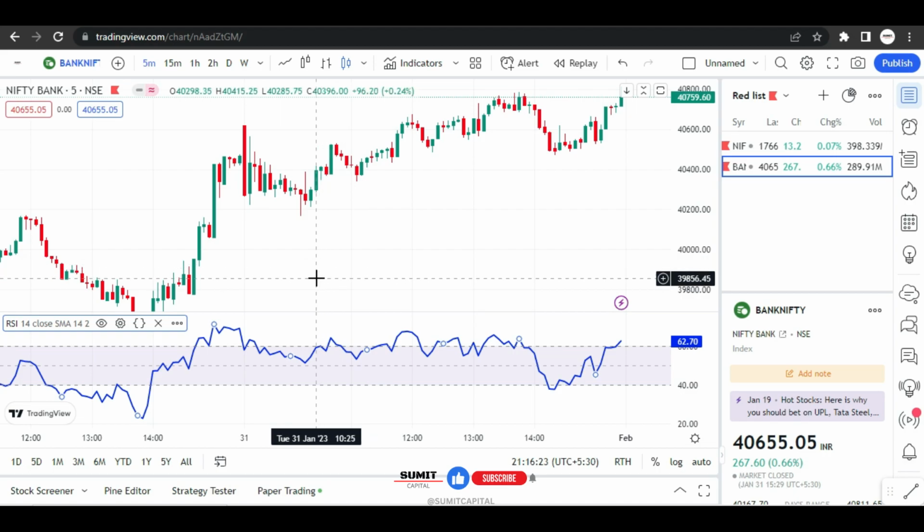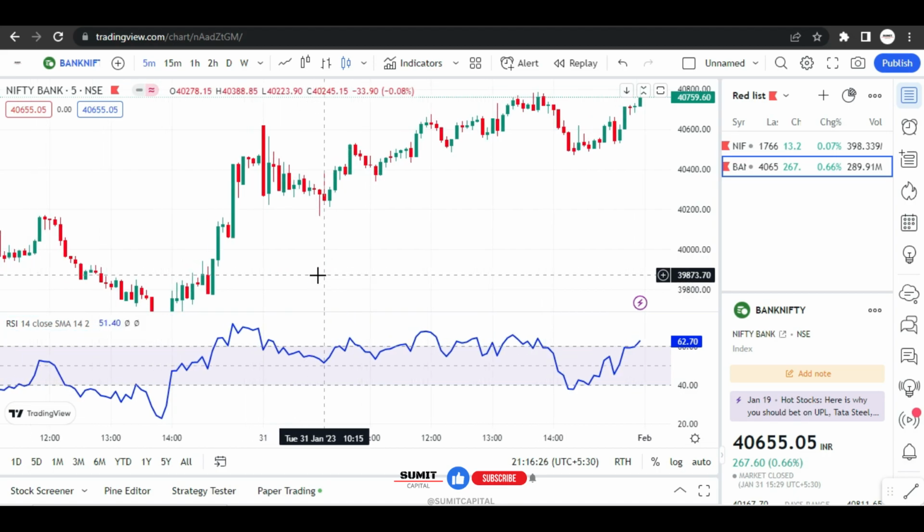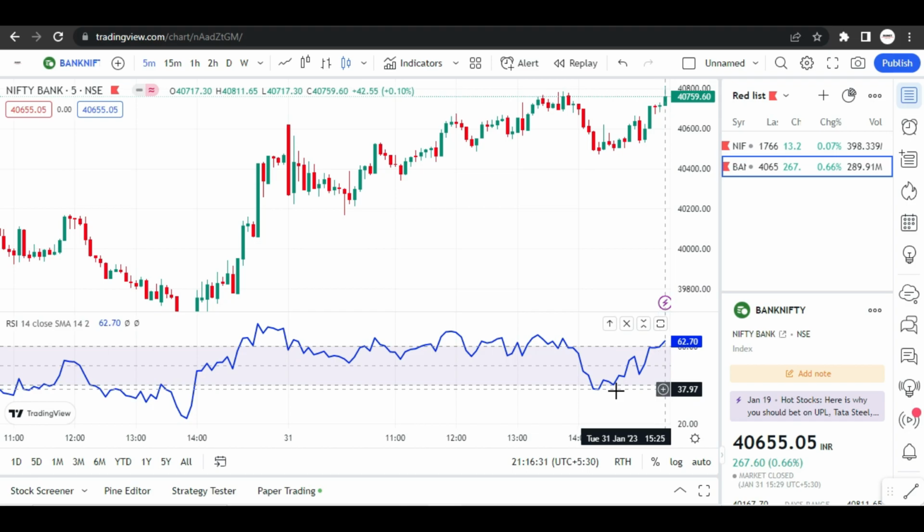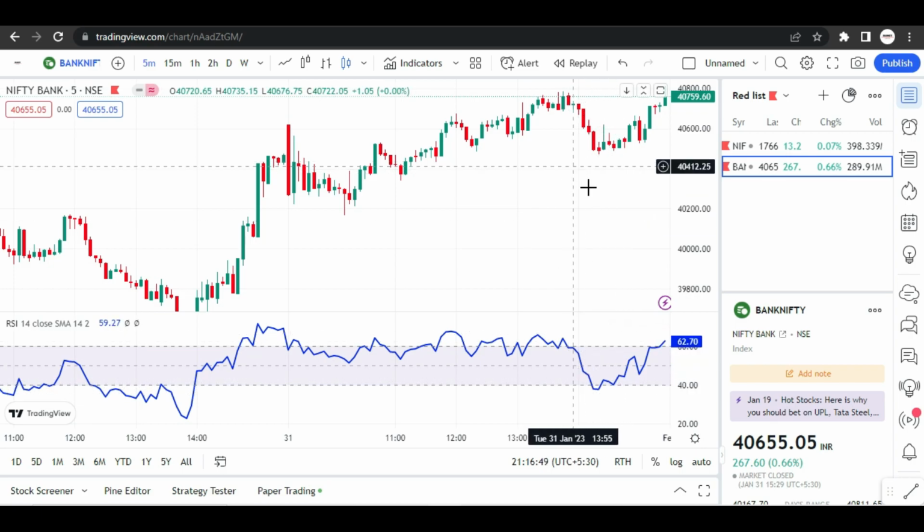Generally people use RSI first for support and resistance. The 40 line that you're able to see, people generally use as a support, and the 60 line that you are able to see is used as a resistance. Whenever it reaches 40, you can see if this green candle takes the red candle high, and then look for entry, because here the sellers were in command.